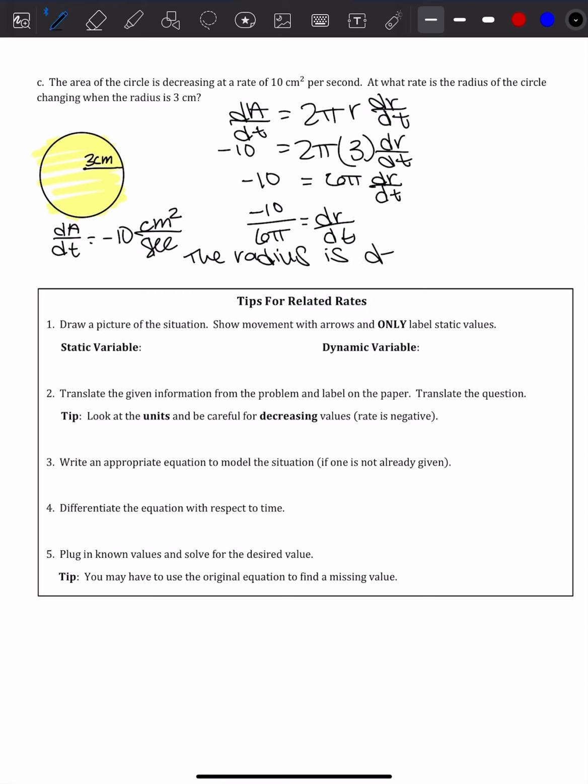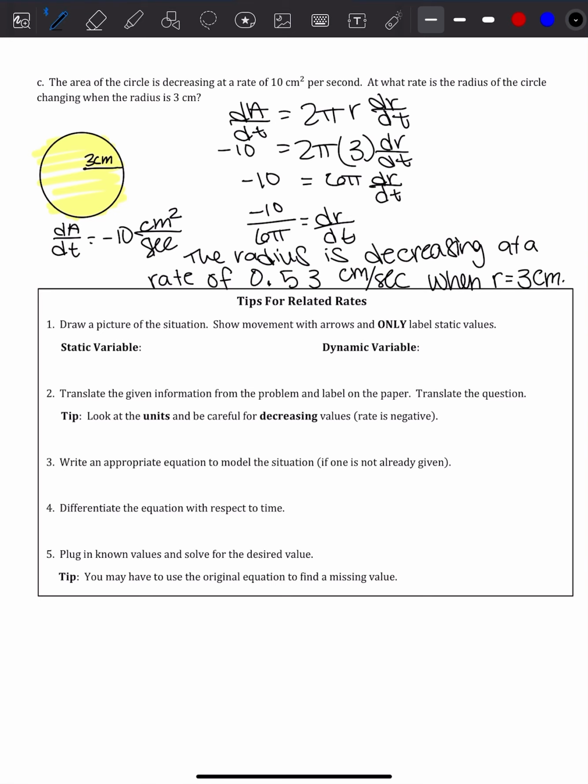It is specifically decreasing because it is negative, at a rate of 0.53 centimeters per second when the radius equals 3 centimeters.